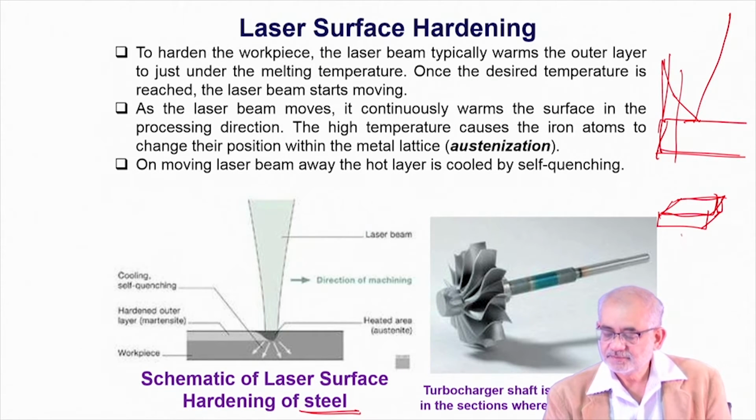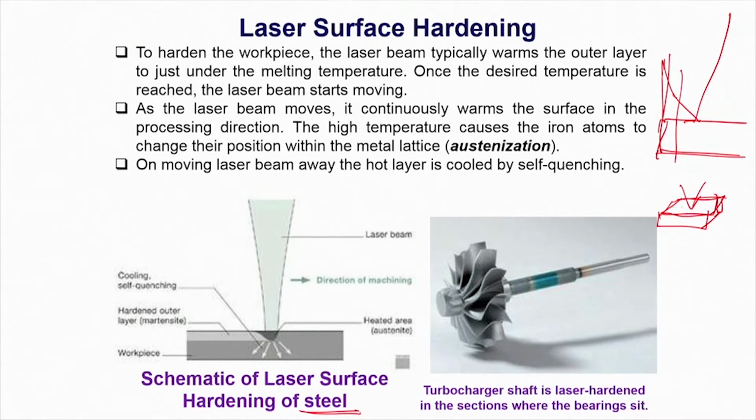or thickness, but we use a laser beam only from the surface, and this beam can move, or the component can move, so that we heat here, and gradually the heated zone moves along the x-y direction.